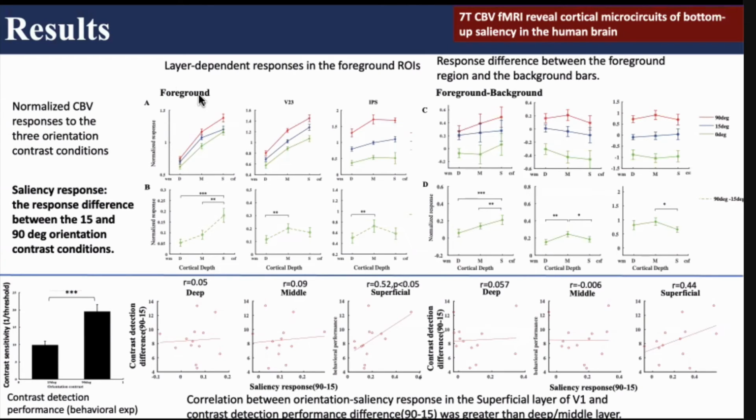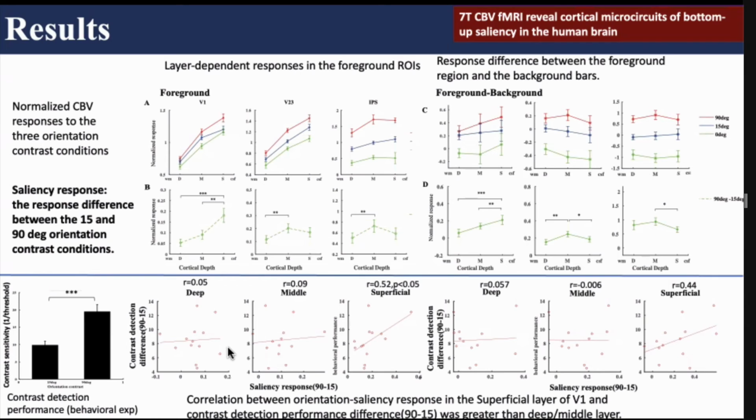Besides the fMRI experiment, we also performed a behavior experiment to measure the subjects' contrast detection performance. And we can see in this figure the contrast sensitivity of the 90 degree was higher than 15 degree.